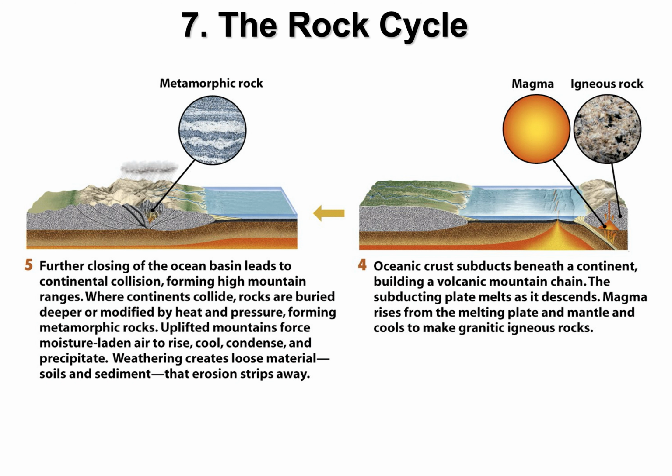Then we have number 4 again, vice versa. The oceanic crust becomes subducted beneath the continent, building up a volcanic mountain chain, and there we have again the formation of a granitic intrusion.